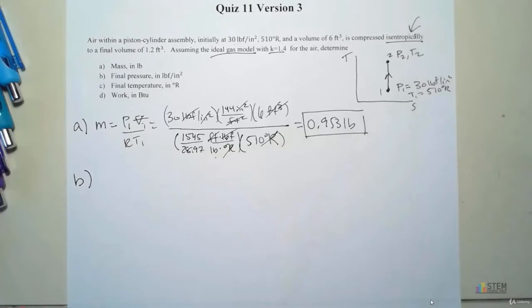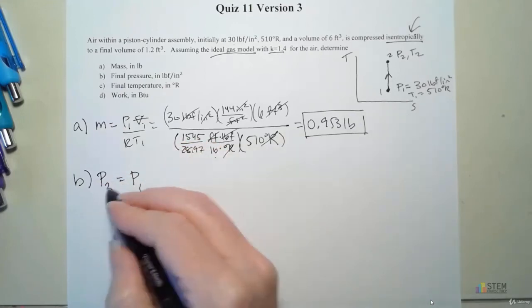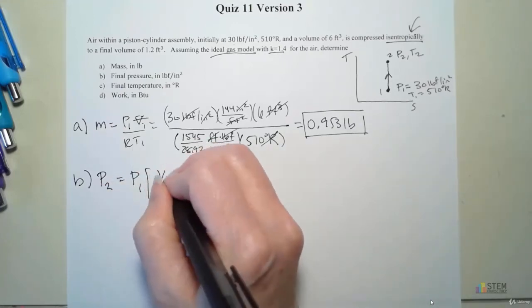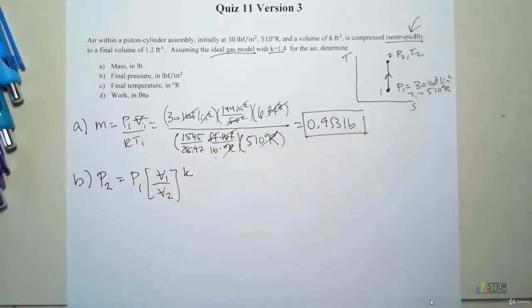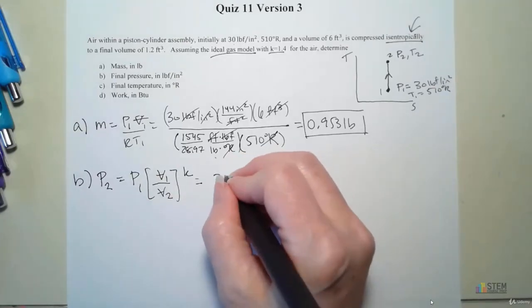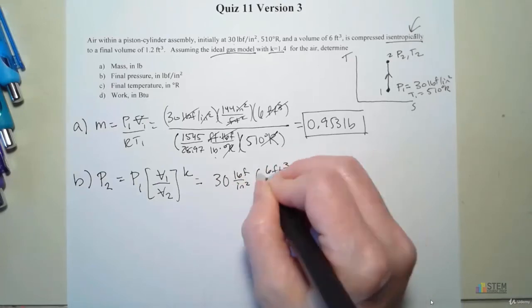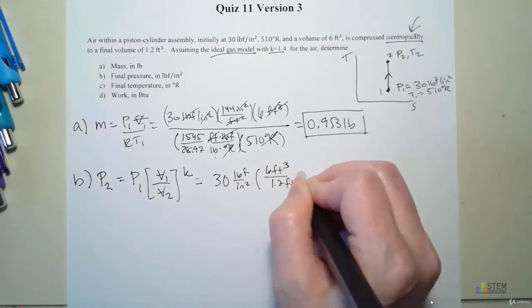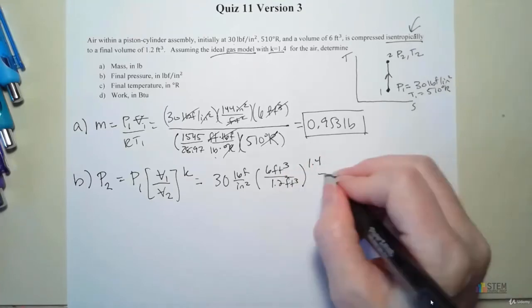Part B, we want to find final pressure. This is isentropic. We got ideal gas, so we can write P2 equals P1 times V1 over V2, raised to the power of K. That'll give us a P2 of 30 psi times 6 cubic feet over 1.2 cubic feet, raised to a power of 1.4.